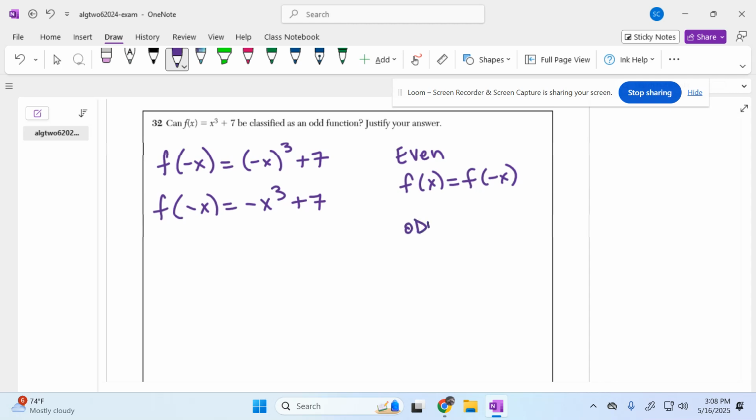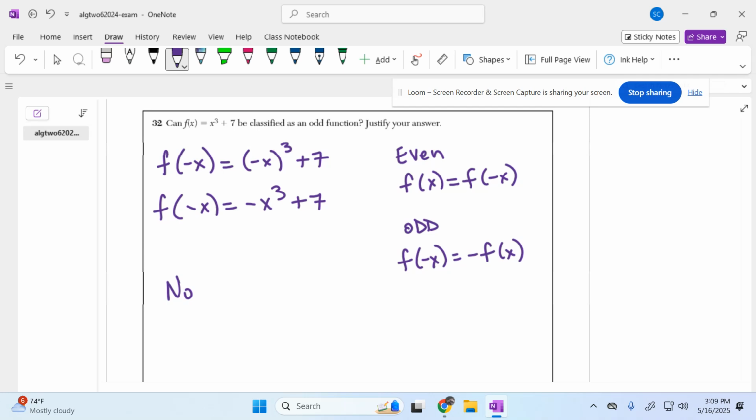If a function is odd, that means f of negative x will be equal to negative f of x, or the complete opposite of all of the signs. Neither of these things happen here, meaning this function is neither even nor is it odd. So the answer to this question is no.